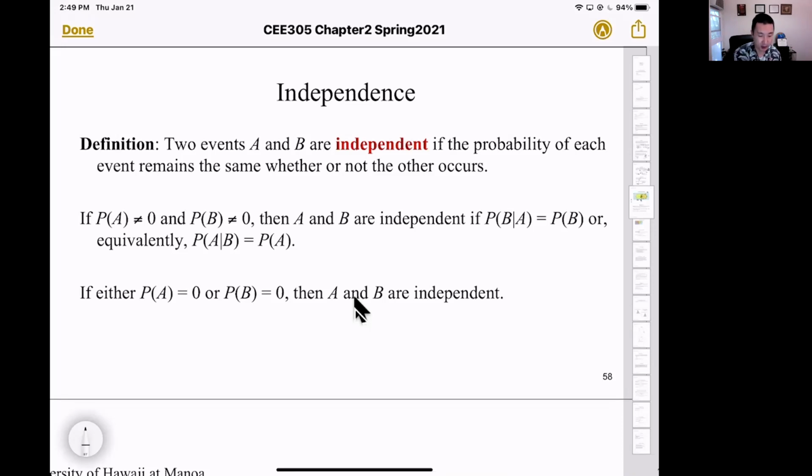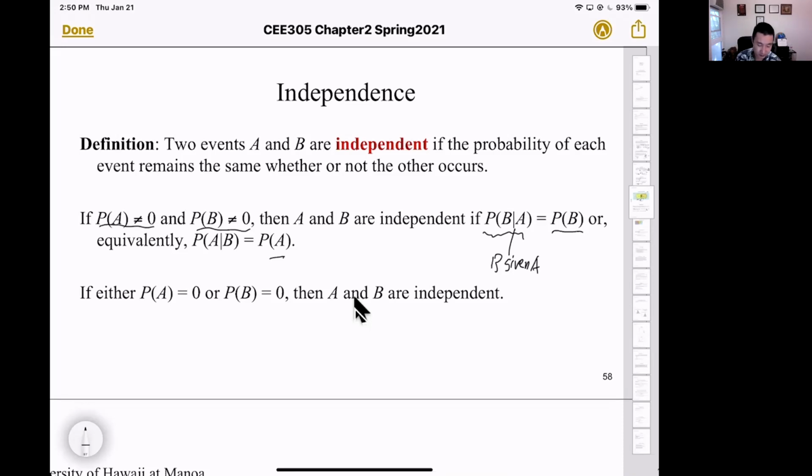Okay, let's continue. Independence. Two events A and B are independent if the probability of each event remains the same whether or not the other occurs. I think we touched on this idea a little bit before. If P(A) is not equal to 0, and neither is P(B), then we say A and B are independent if P(B given A) is equal to P(B), and P(A given B) is equal to P(A).